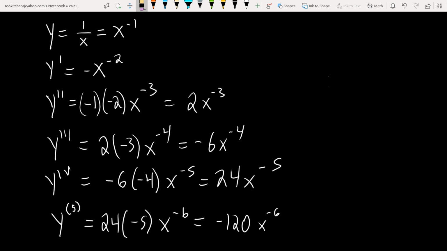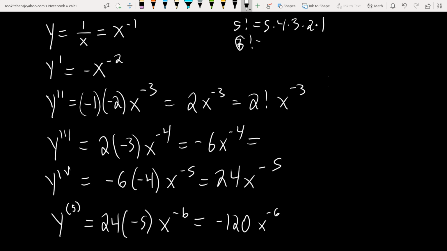And you kind of see how the factorials happen here, right? So 2 is really the same as 2 factorial. Let me get my pen working. So this is 2 factorial x to the negative 3. When I took the next derivative, I was multiplying by a 3. If you don't know what a factorial is, 5 factorial is 5 times 4 times 3 times 2 times 1. 6 factorial then is 6 times 5 times 4 times 3 times 2 times 1, which is really 6 times 5 factorial, right?